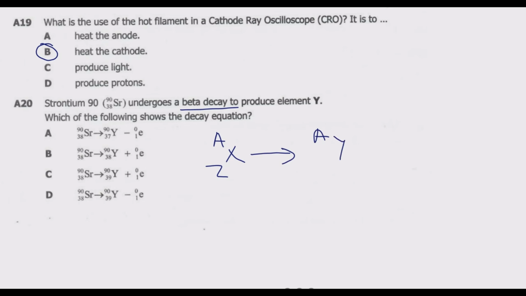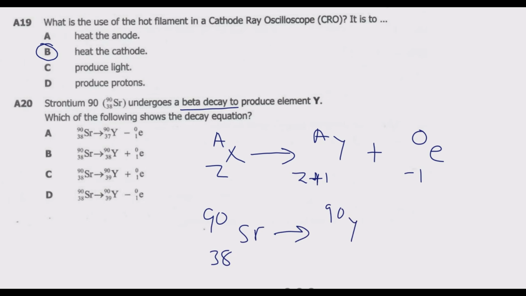We have a new element Y, with Z plus 1 for a beta decay, plus this electron. So in this case we have 90, 38, Sr, which decays to 90, which remains the way it is, Y, then we are going to have 39, plus 0, e negative. So you look for this.